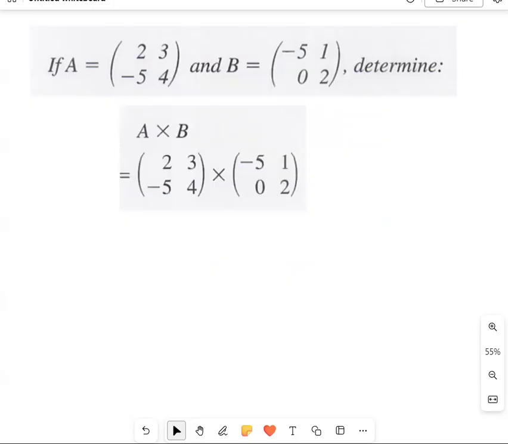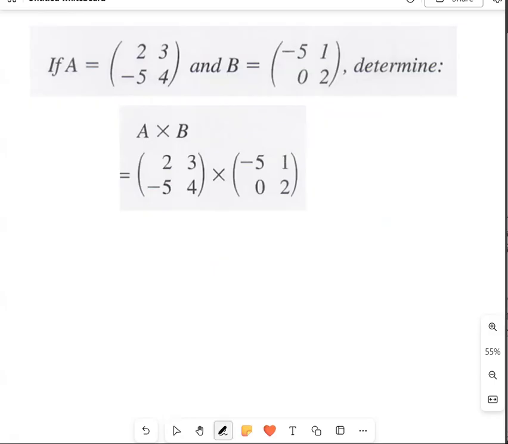Let's do it by hand, right? You do it by hand so you don't just put the answer all in one thing.